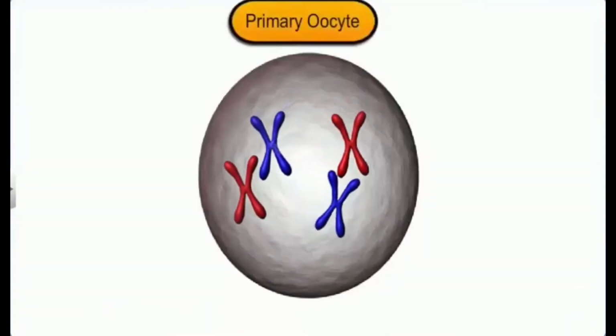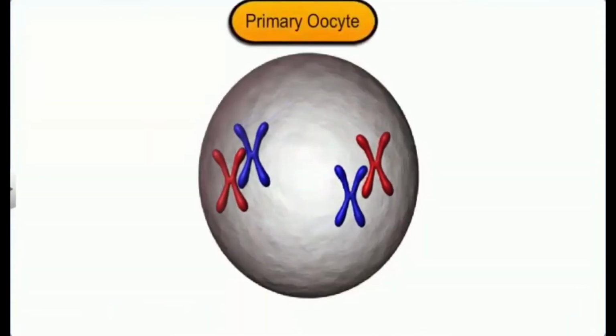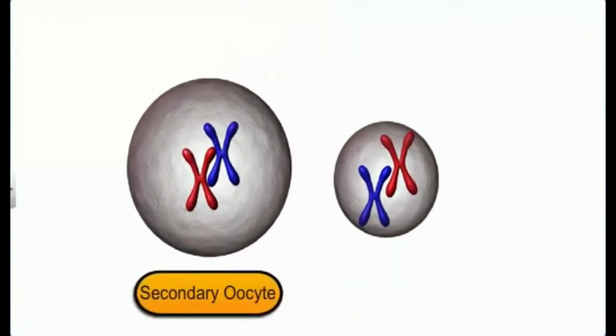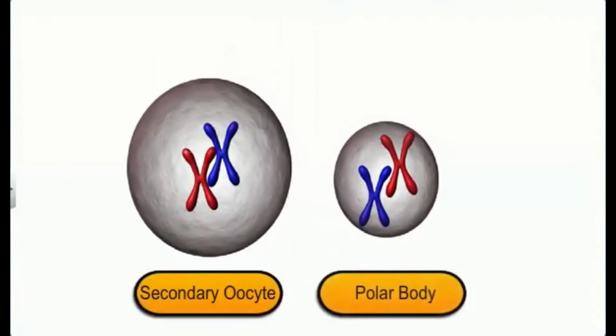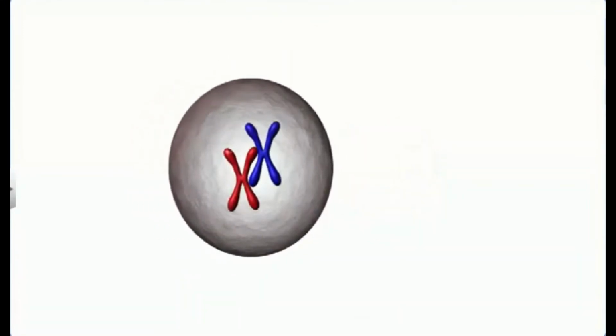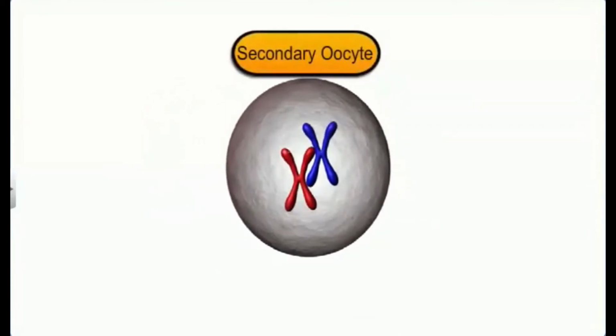The primary oocyte within the follicle completes meiotic division, which is unequal and leaves a large haploid secondary oocyte and a tiny first polar body. The polar body is believed to degenerate, leaving the tertiary follicle with only the secondary oocyte.